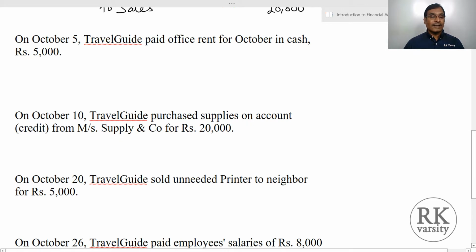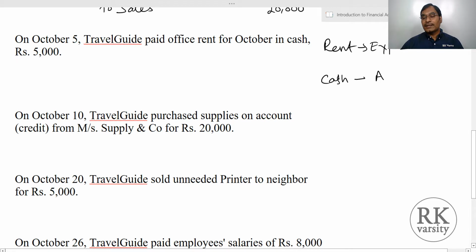Now coming to the next transaction. On October 5th, Travel Guide paid office rent for October in cash of rupees 5,000. So the two accounts involved are rent and your cash. Rent is an expense, cash is an asset.